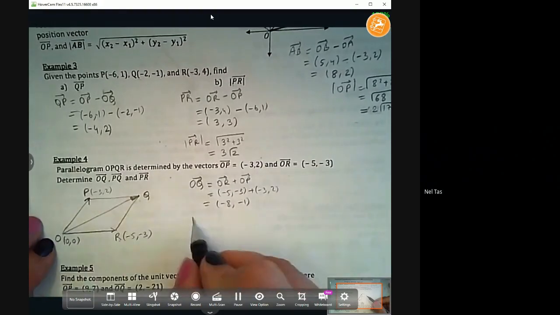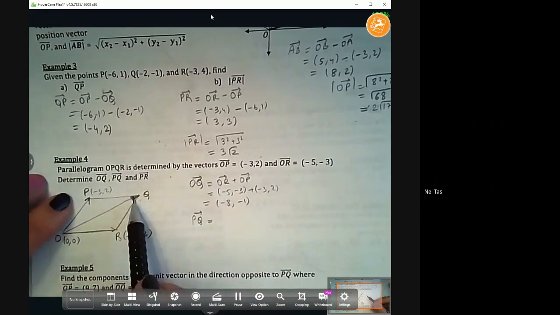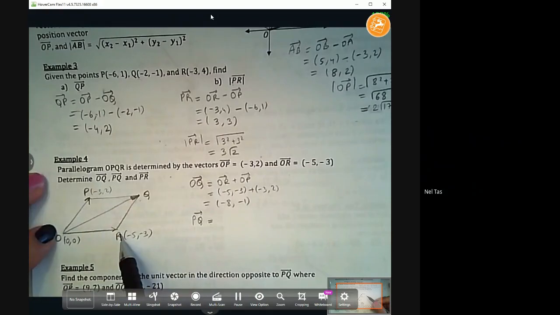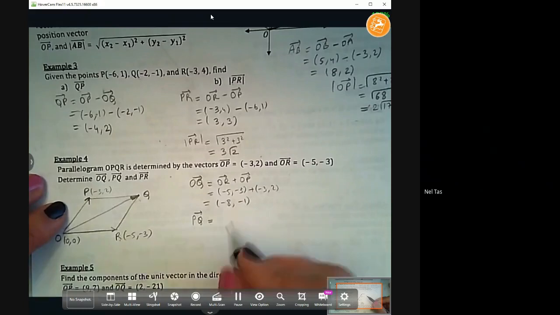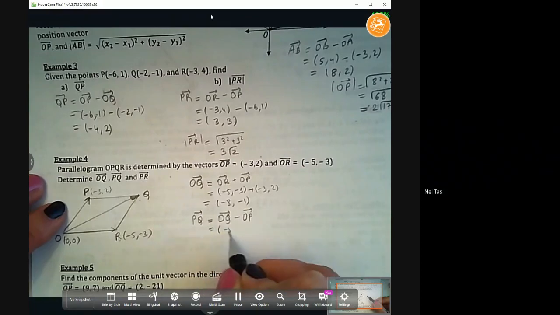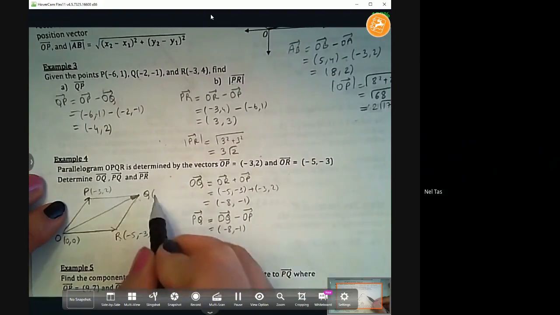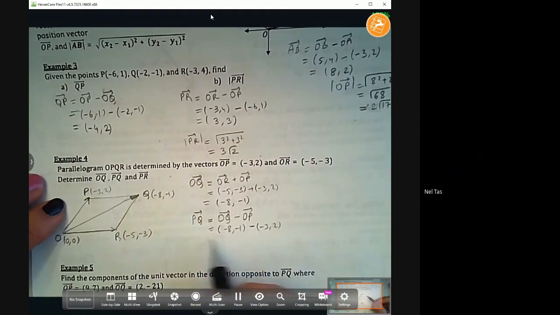So let's look at PQ vector. As you see, this is a parallelogram, so PQ is the same as OR vector. But you could still prove that by doing OQ minus OP. OQ is (-8, -1) and OP is (-3, 2).